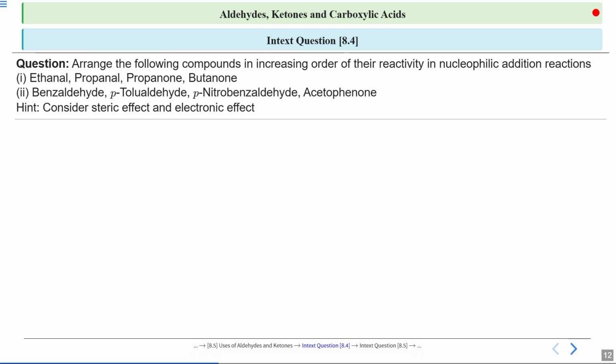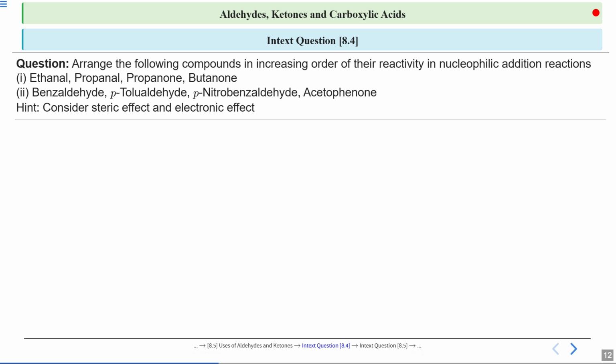Now, students, let's solve the Intext question 8.4. Okay, so you try solving it yourself and we will discuss the solution. So, if you look at the question carefully, what is this question saying? You have to arrange the following compounds in the increasing order of their reactivity in nucleophilic addition reactions. Okay, see carefully, it is nucleophilic addition reaction.